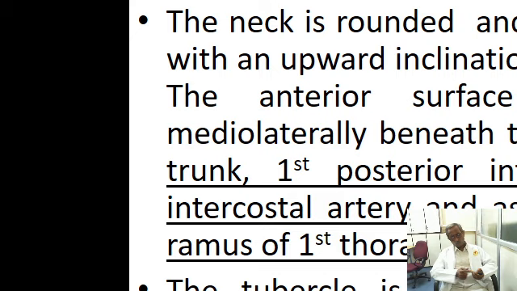The side of the first rib is determined by placing the rib flat on the surface when both the head and the sternal end touch the surface. Otherwise also we can say this is the superior aspect because of the two depressions for the subclavian vein and artery, and then the inferior surface is clean, and this is the posterior end, this is the anterior end, this is the lateral side, this is the medial side, so this is the left side.